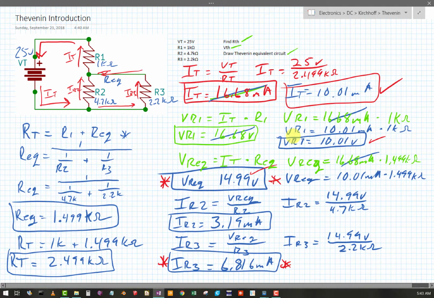Some circuits are a little bit difficult to solve using the standard Ohm's law Kirchhoff method, so this may provide an easier method for some difficult circuits, and we'll look at that in another video. But this has been a quick introduction to using Thevenin's analysis to solve a series parallel circuit, and we solved it using Ohm's law in the end, and all of our numbers matched, so it feels pretty good. So remember your steps.